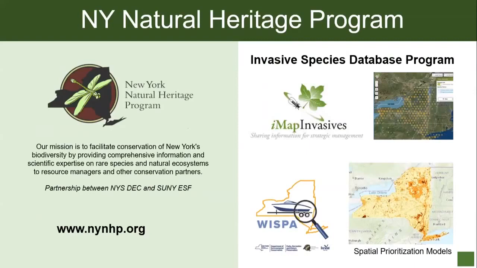We are a partnership between the New York State Department of Environmental Conservation and SUNY ESF. You can learn more about us at our website, www.nynhp.org. We're most well known for work with rare species, since our focus is conserving biodiversity.